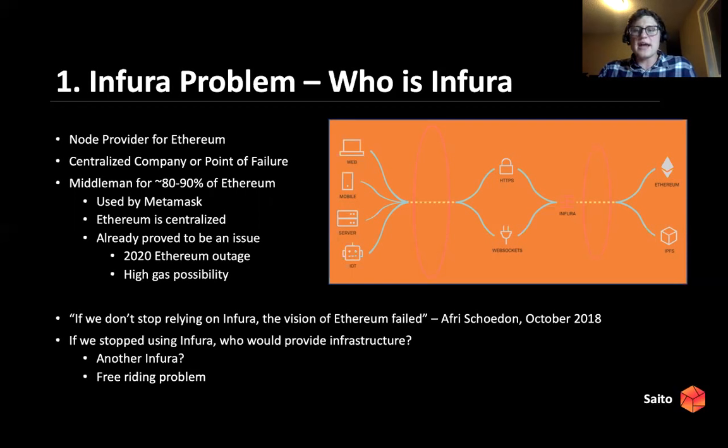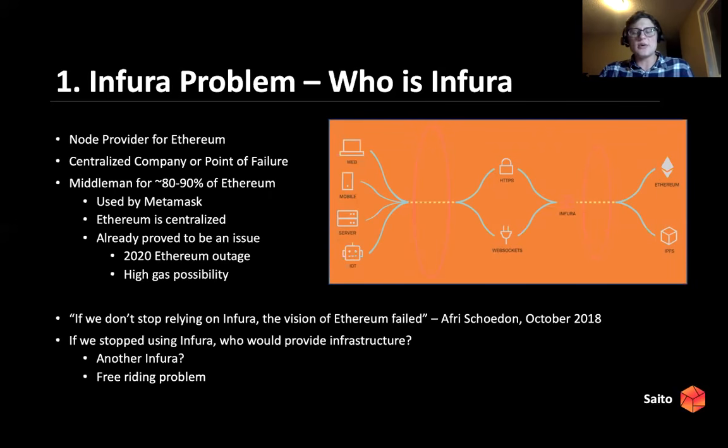So this shows us that Ethereum is actually way more centralized than we initially thought. And this has already proved to be an issue in the past multiple times. One example of this proving to be an issue is in 2020, when there was a widespread Ethereum outage.